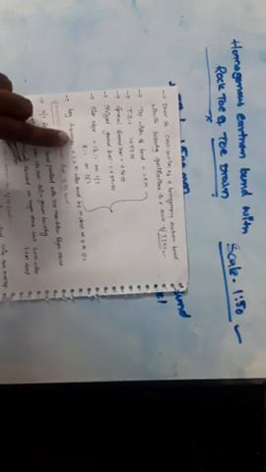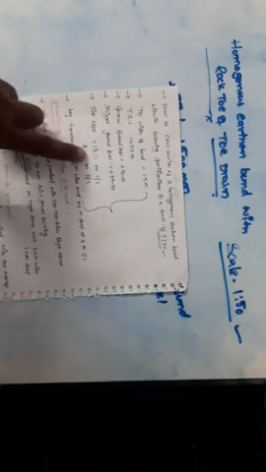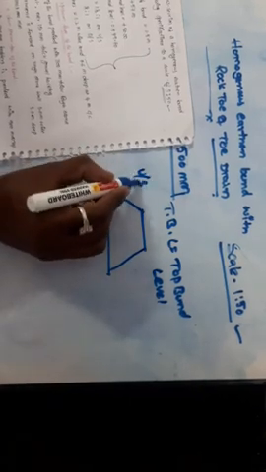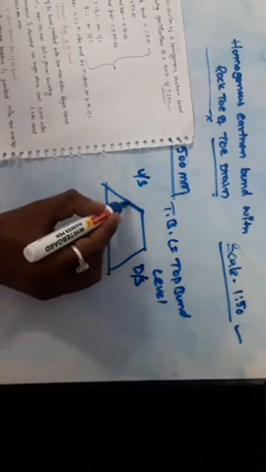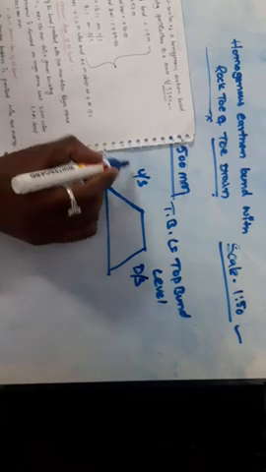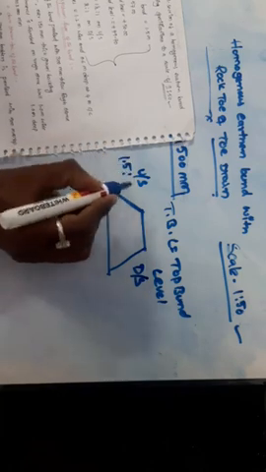Next, side slopes. The side slope of the earthen bund is 1.5 is to 1 on the upstream side.